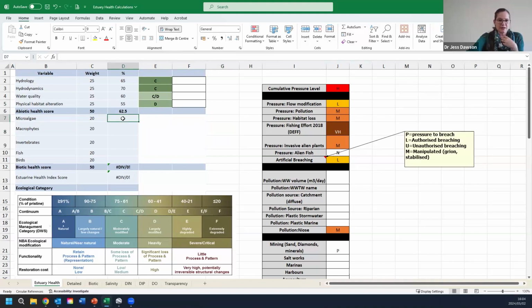Okay, now we're going to have a look at microalgae and all the biotic factors. So remember, we said changes to microalgae come from changes in the community structure based on what your salinity is doing, your connectivity, and high amounts of pollution would input changes to the abundance.